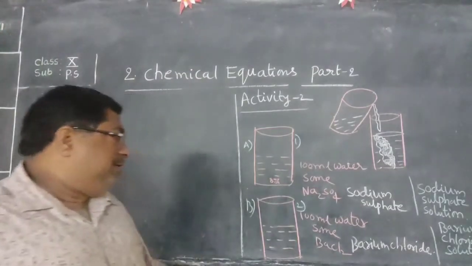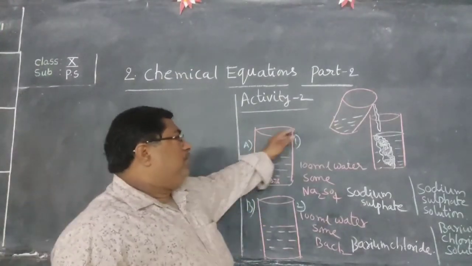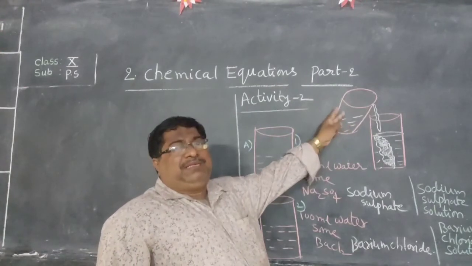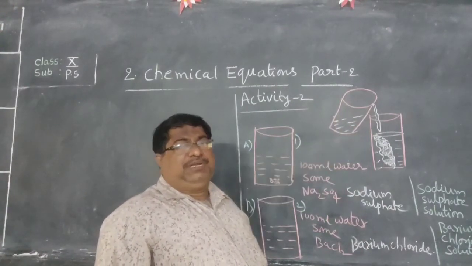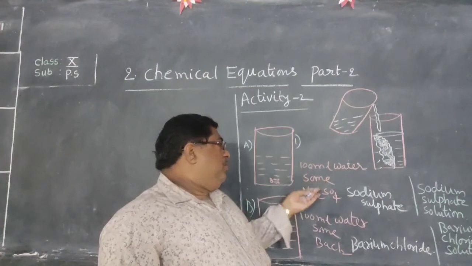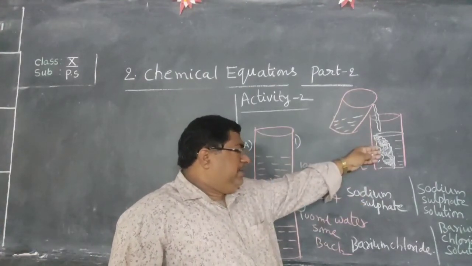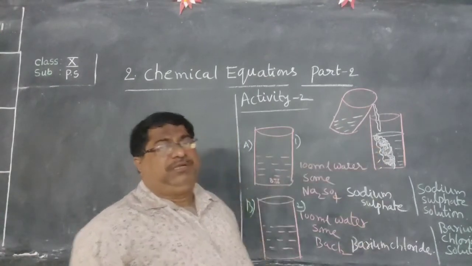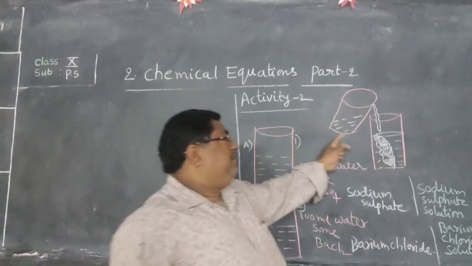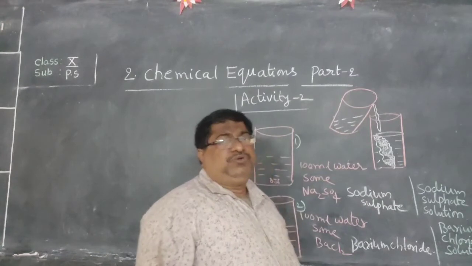Now we have to mix these two solutions, meaning we pour the sodium sulfate solution into the barium chloride solution.